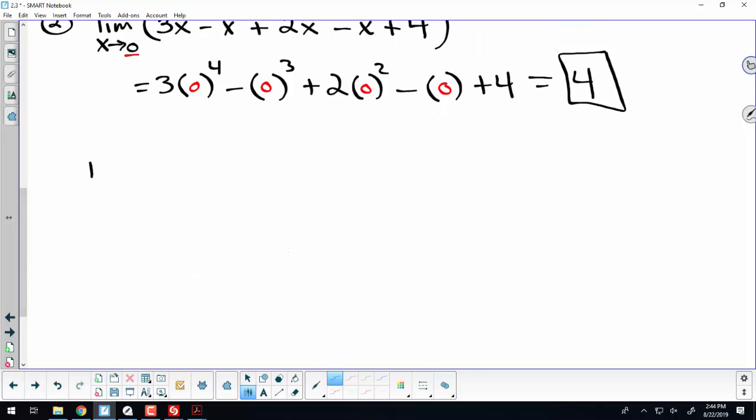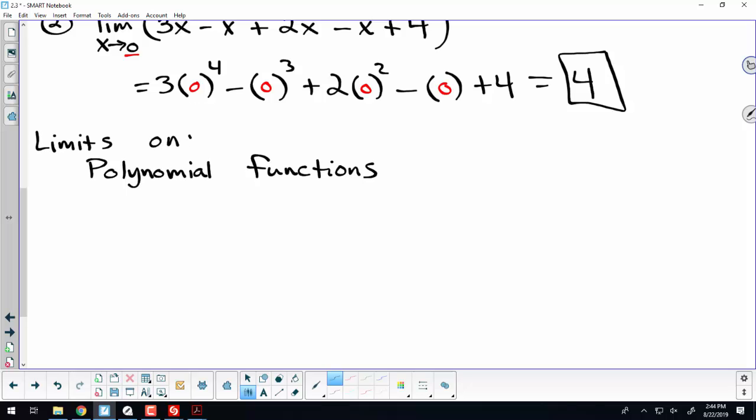So let's just write that. Limits on polynomial functions are evaluated again by direct substitution.